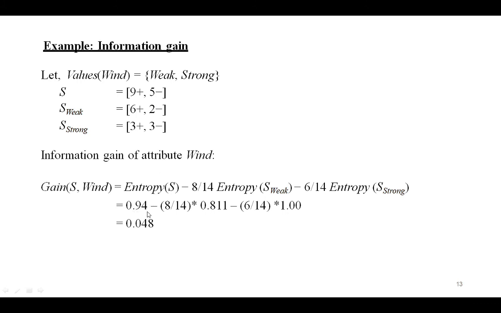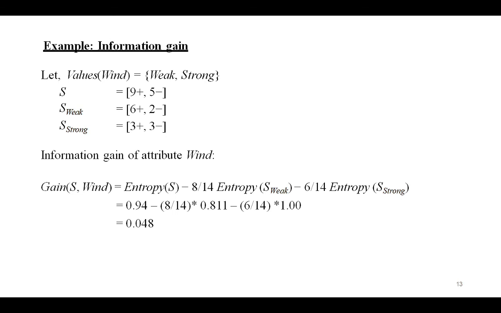The remaining calculation is 8/14 times 0.811, minus 6/14 times 1.0. Why is it 1.0? Because there are equal numbers of positive and negative examples. Performing this calculation gives the result 0.048.